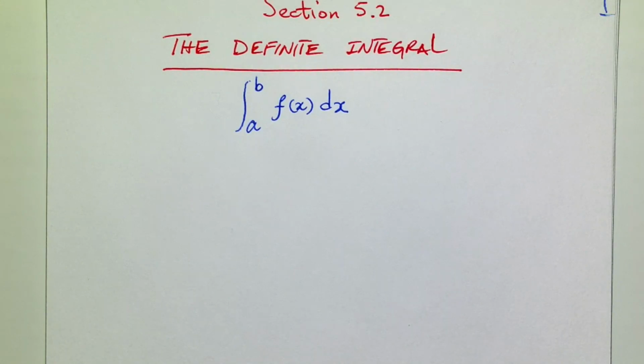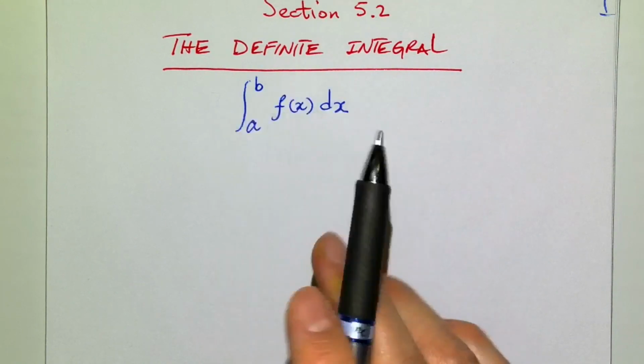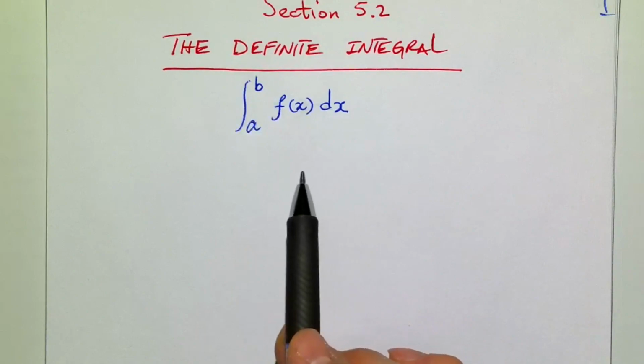But until then, sections 5.1 and 5.2 are basically dedicated to making sure that you understand what the concept of integration is. And then after that, we will see more details of integration. So this is the main topic of our discussion in this section, the definite integral.